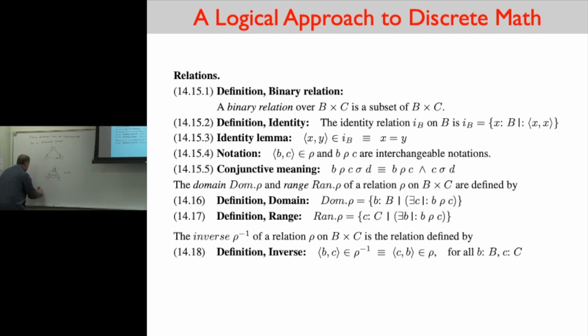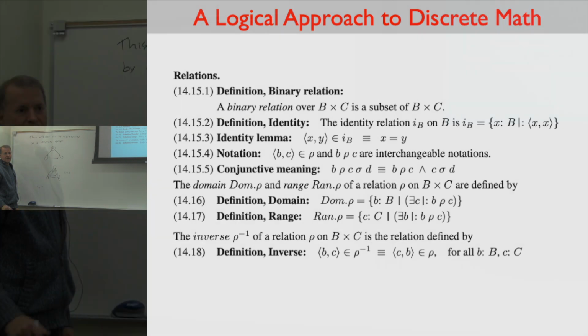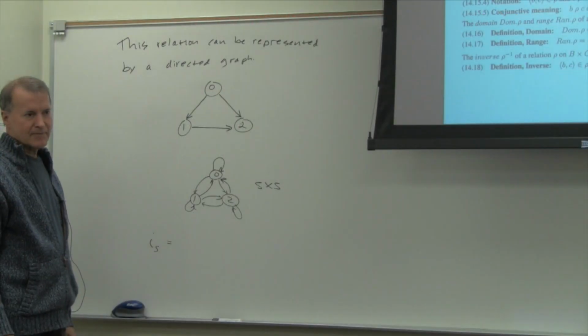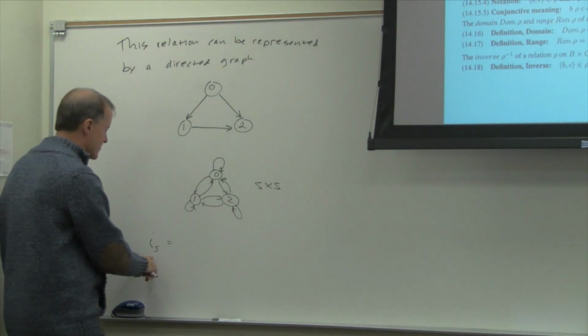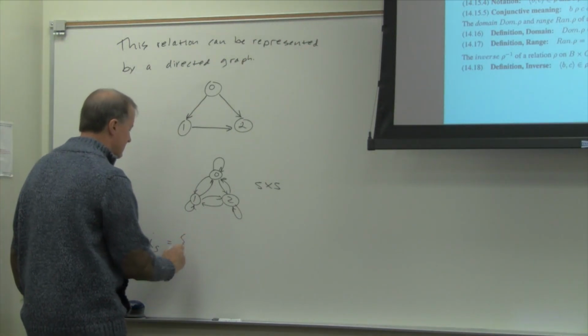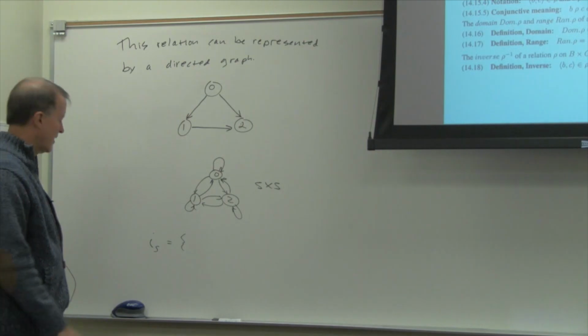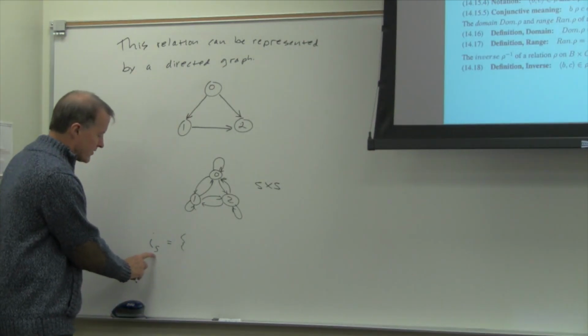In this particular example, it's I sub S. Is the identity relation the equals relation? No. What is the definition of a relation? It's always a subset of a cross product of ordered pairs. So what ordered pairs are in the identity relation? Identity of what? S, the identity over the set S.